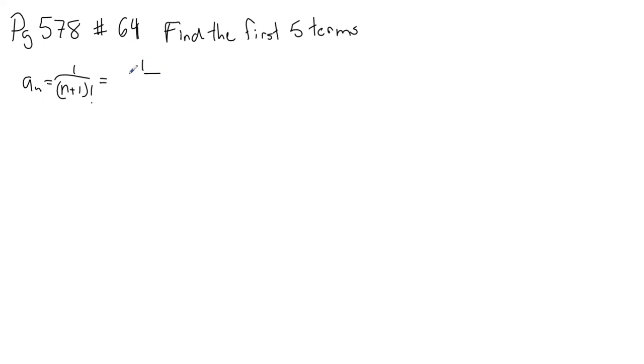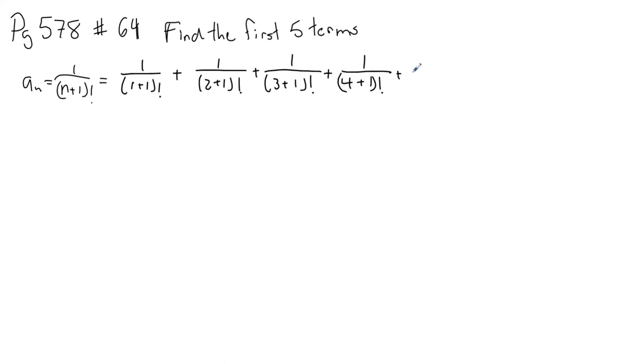So the first term will be 1 over 1 plus 1 factorial. Plus the second one will be 1 over 2 plus 1 factorial. Plus 1 over 3 plus 1 factorial. Plus 1 over 4 plus 1 factorial. Plus 1 over 5 plus 1 factorial. Now this is just going to be 1 over 2 times 1, because 1 plus 1 is 2, and 2 factorial would be 2 times 1.